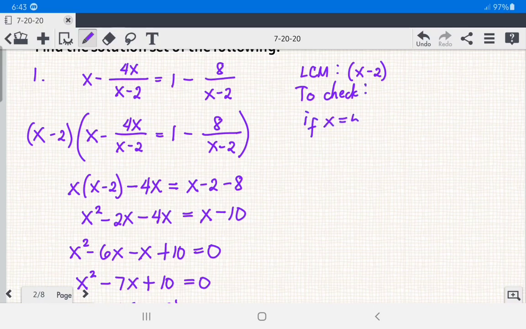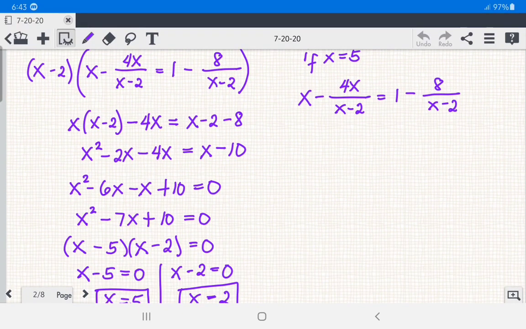If x is equal to 5, now using the equation, we have x minus 4x over x minus 2 equals 1 minus 8 over x minus 2. Now let us substitute.